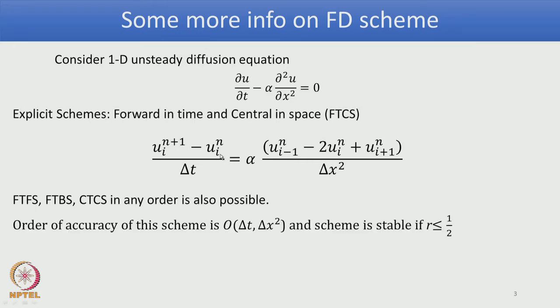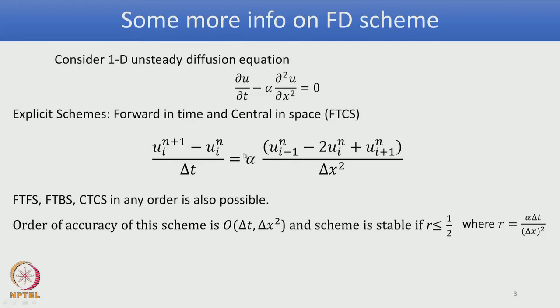The order of accuracy of this particular scheme is delta t and del x squared, and we already learned this scheme is stable for r less than or equal to 1 by 2, where r is defined as alpha times delta t by del x squared.